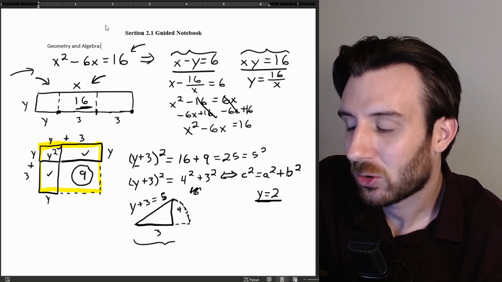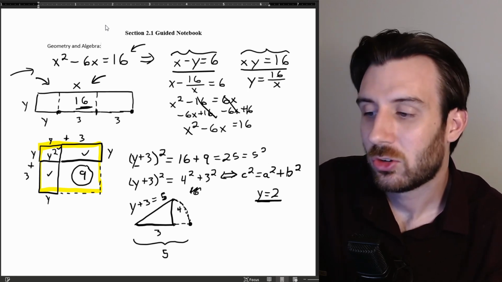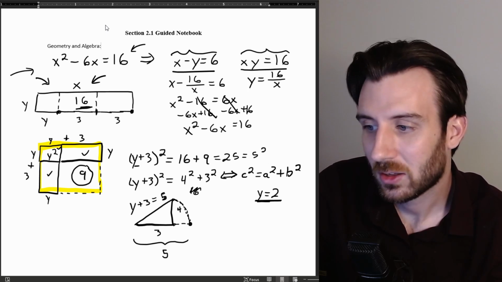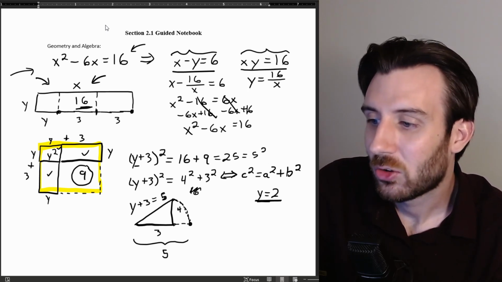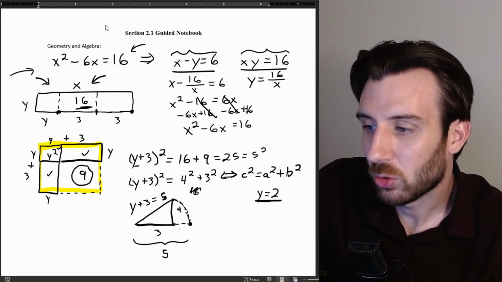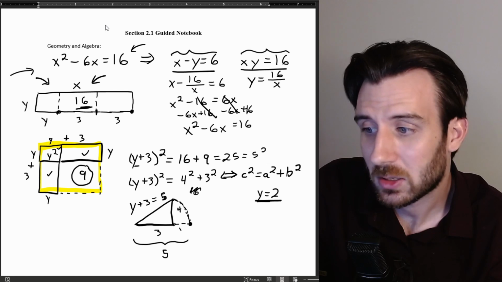So that gets me a total of 5 right here. I have my y equals 2, so that means this is my length of 5.